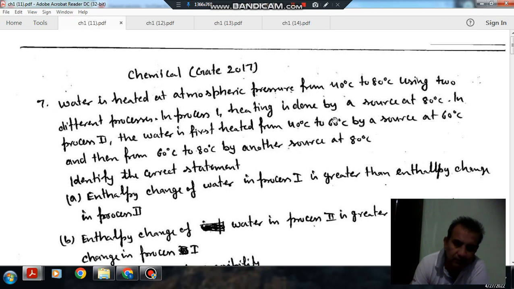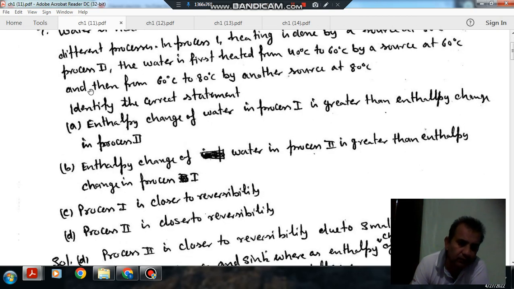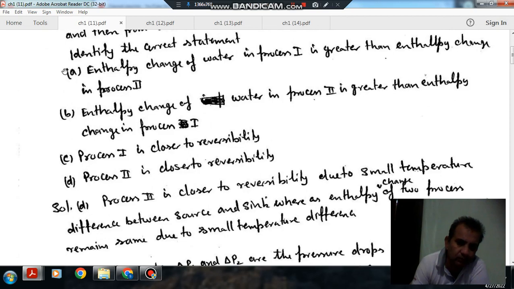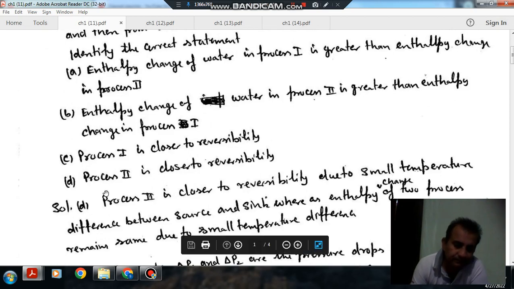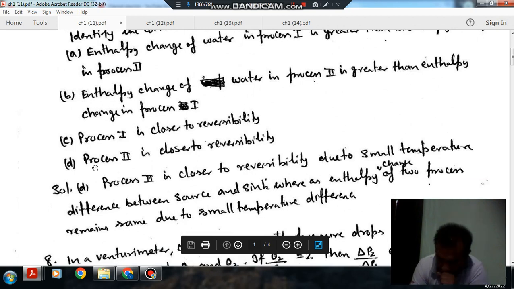So here the temperature difference between these sources and the water is small. So process 2 is closer to reversibility. The lesser the temperature difference, the higher the reversibility. So the answer is D.